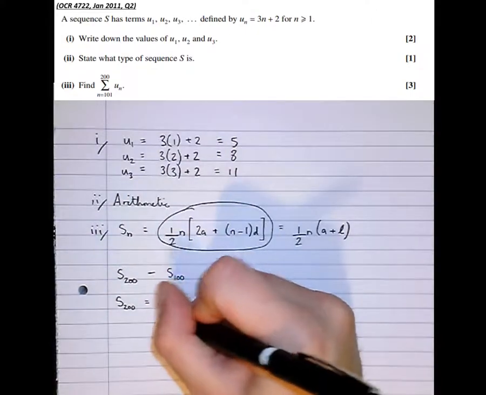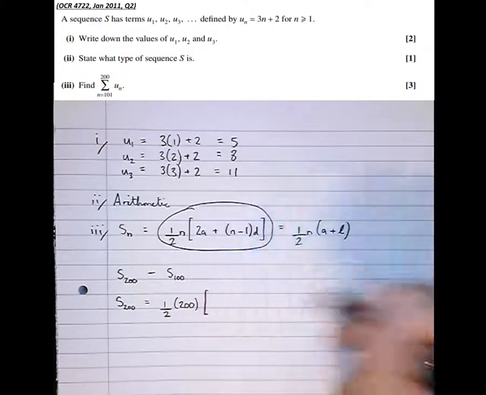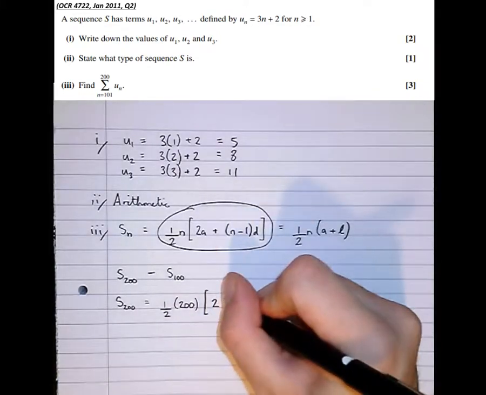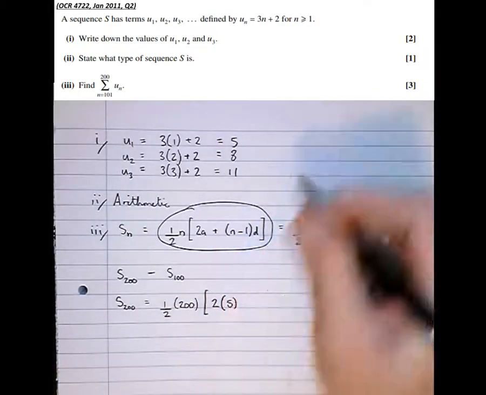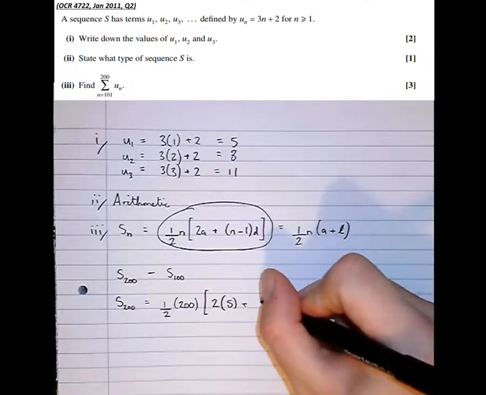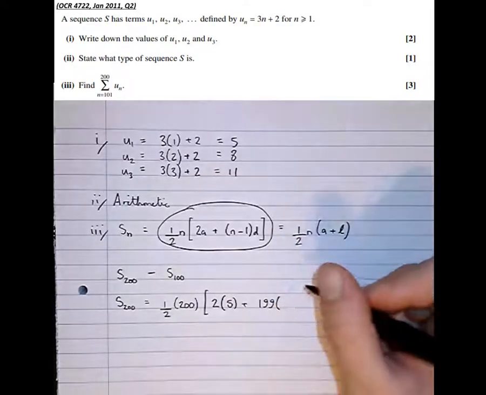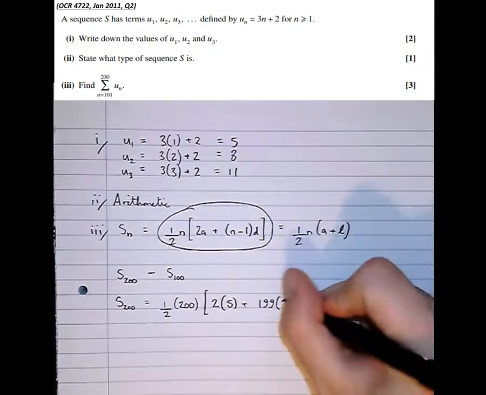Okay, so S200 equals half 200, 2 lots of the first term, which we can see there is 5, plus n minus 1, 200 minus 1 is 199, times the common difference, which we saw was 3.